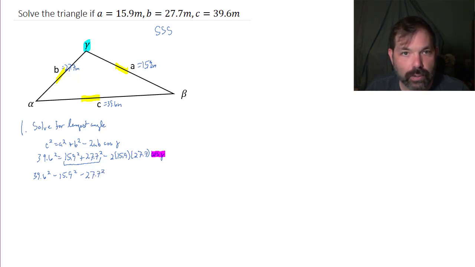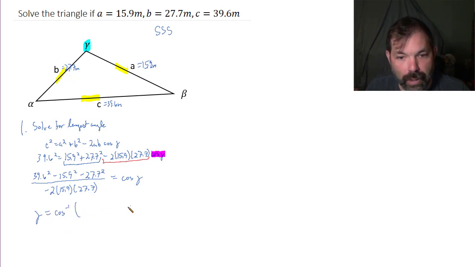Then I would have to divide by this factor to isolate the cosine gamma. So divide that by negative 2 times 15.9 times 27.7. And that would be cosine gamma. So then gamma is the cosine inverse of that whole thing.